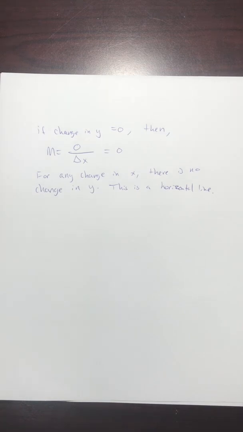So if the change in y is 0, then we have the slope of 0 over delta x, which is 0 divided by any non-zero number, is 0. So what that says is for any change in x, there is no change in y. And this is a horizontal line.